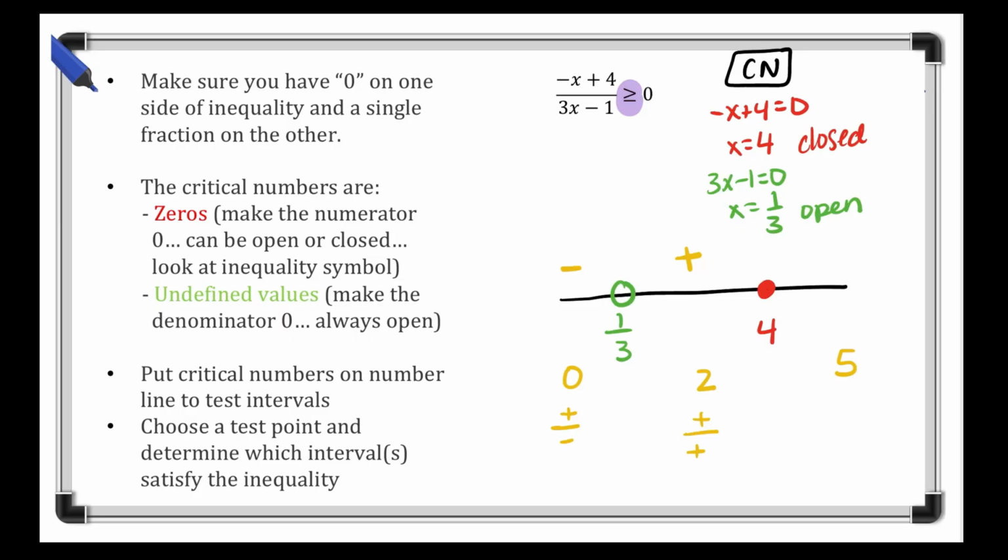You plug in 5, you're going to get -5 plus 4, which is a negative, divided by 15 minus 1 is a positive, so you're going to get a negative. And again, here you're looking for a greater than, so we're going to choose the interval that is a positive value. So you're going to get 1/3 with parenthesis, comma 4 with a bracket, and there is your final answer.